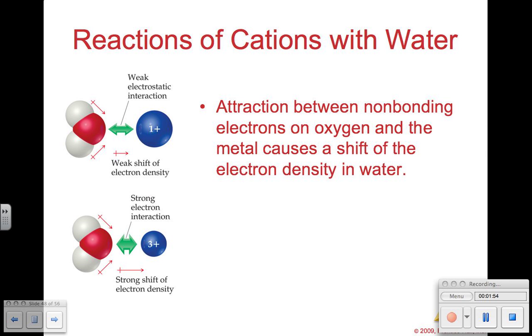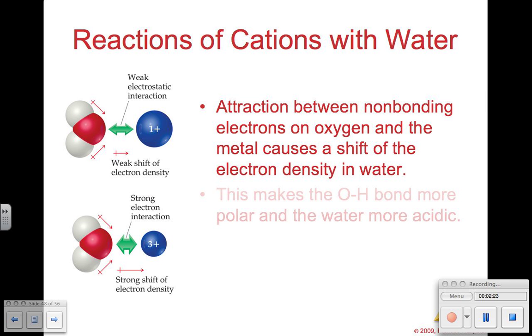The reason for this is the attraction between non-bonding electrons on oxygen. There are two lone pairs of electrons on the oxygen of a water molecule, and the charge of the metal cation causes a shift of the electron densities in water. Those lone pairs on the oxygen are attracted to the charge of the cation, so the density shifts around.